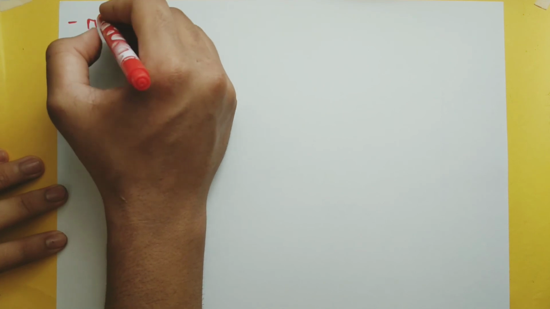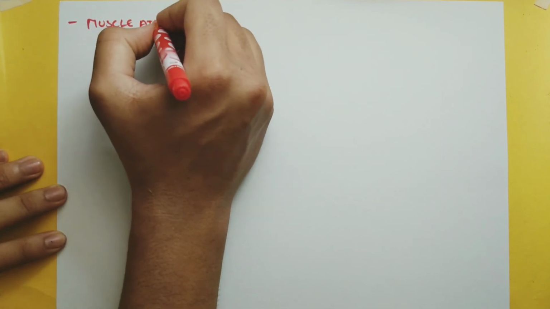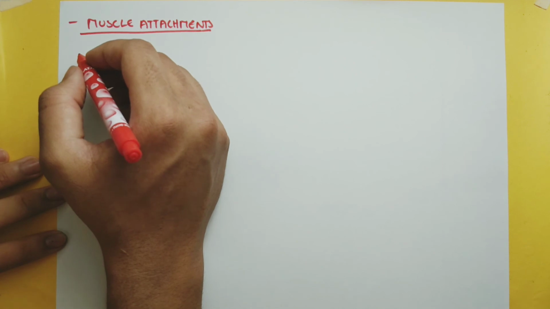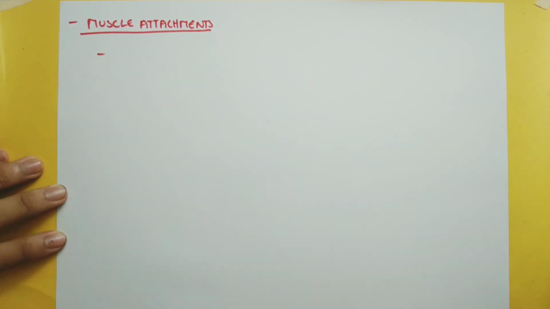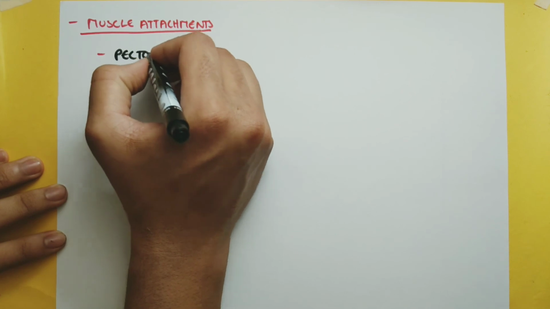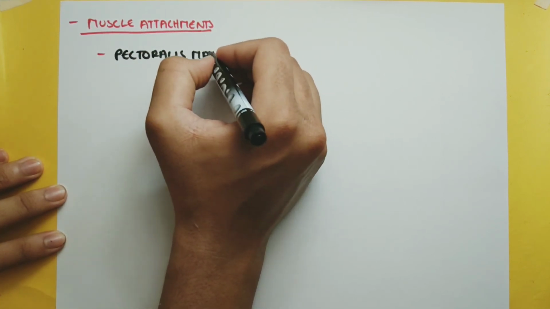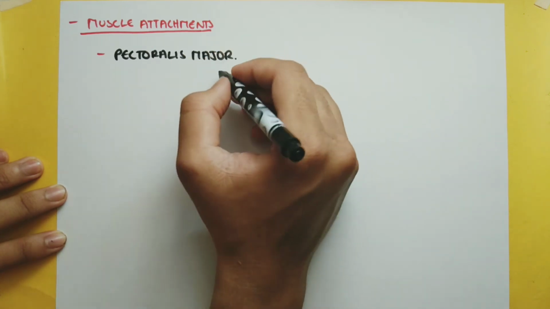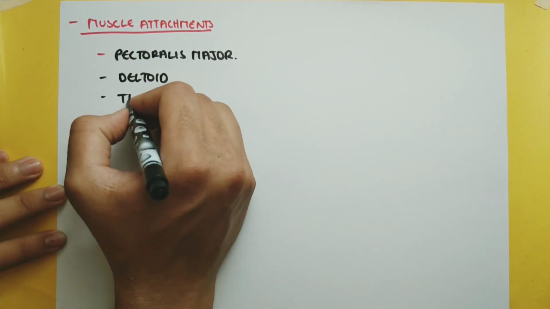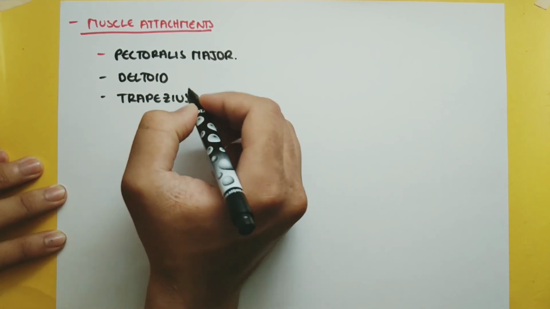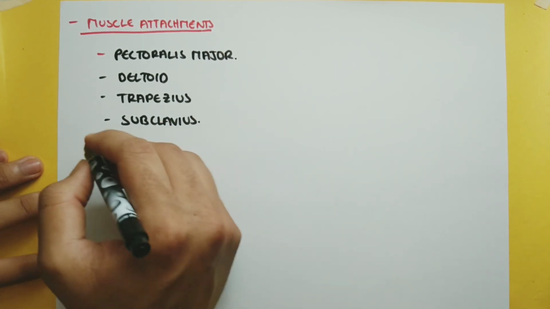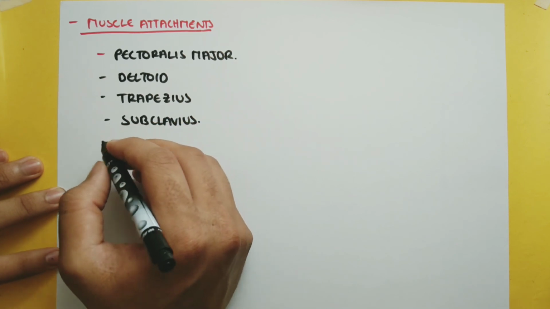So now let us talk about the next topic, muscle attachments to the clavicle. The primary muscular attachments of the clavicle are pectoralis major, major not minor, deltoid, trapezius, subclavius, and the last one is the sternocleidomastoid muscle.